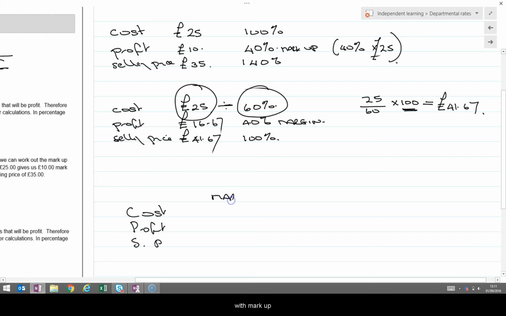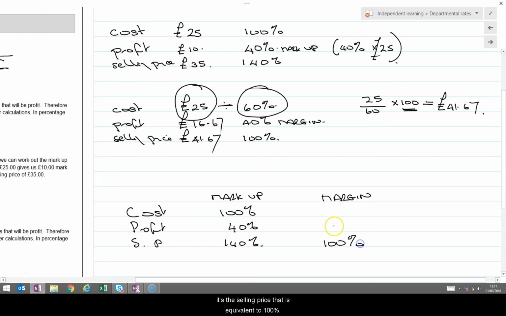With markup, we make the cost equivalent to 100%, we add the profit, and we've got our selling price in percentage terms. With margin, it's the selling price that is equivalent to 100%, profit is 40, so our cost is 60. Okay, so that's going to be quite relevant for some of the calculations that you need to do.